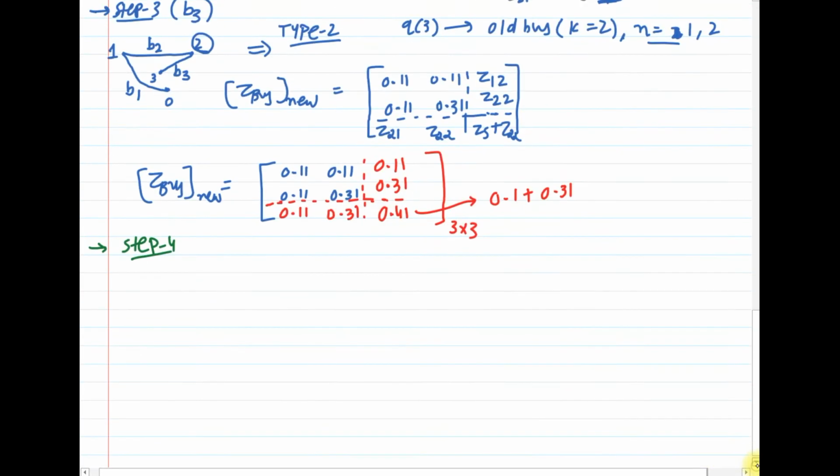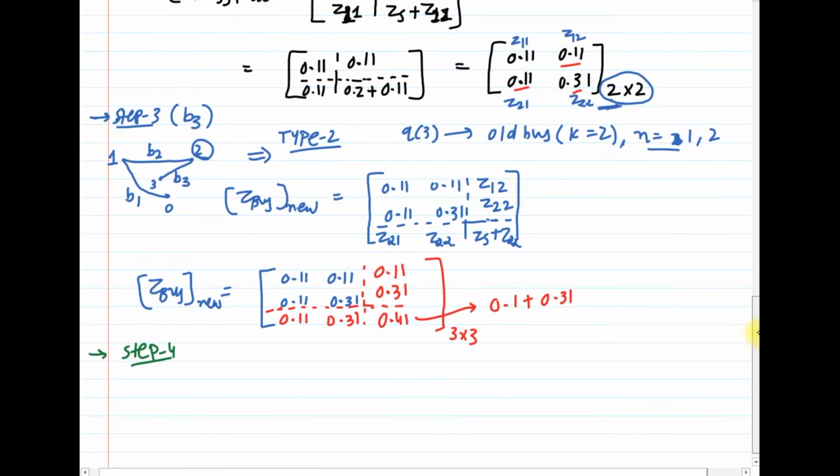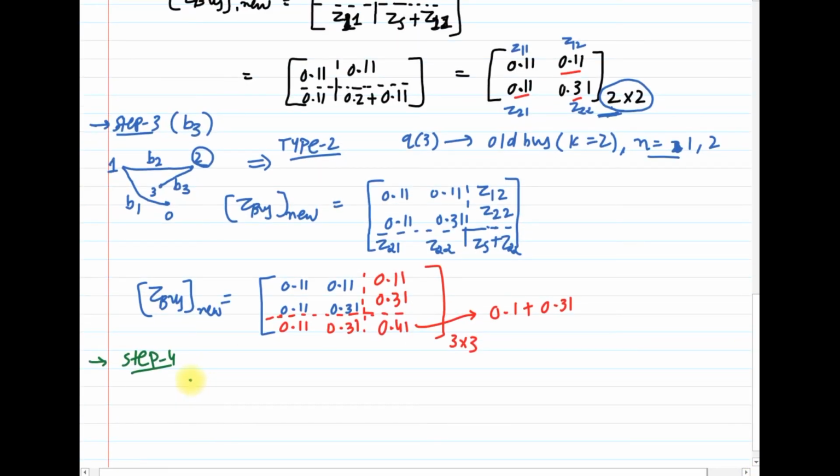So after completion of step number 3, we will have this network: 0, 1, 2 and 3. Now this link is added between bus number 2 and the reference bus.